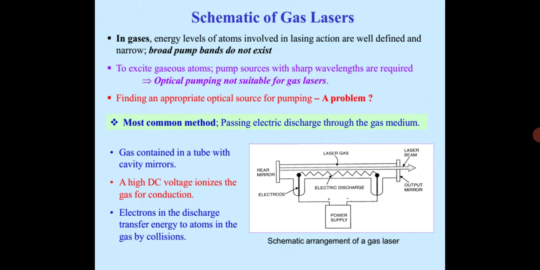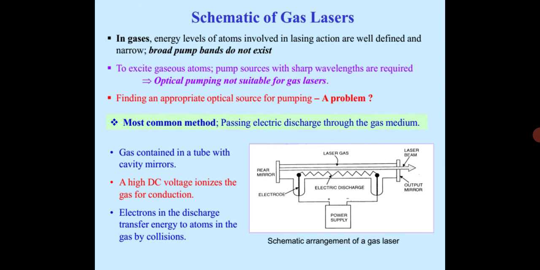In this, atoms are excited. To excite gaseous atoms, pump sources with sharp wavelength are required, so optical pumping is not suitable for gas lasers. Therefore, here discharge pumping is utilized, electric discharge is utilized.